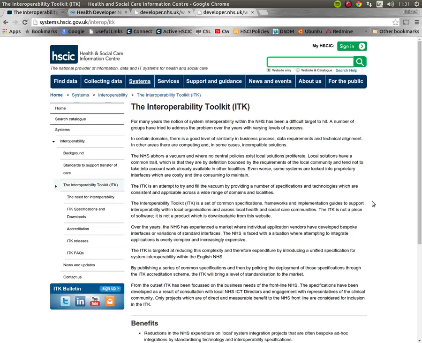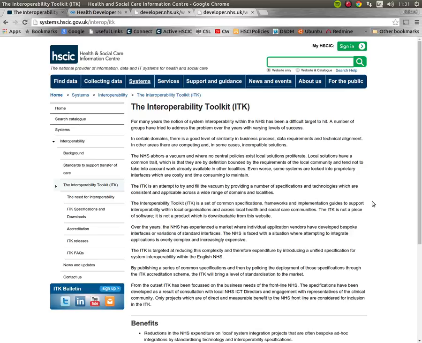So the clear desire to see systems move towards interoperable solutions for the passing of discharges, particularly between acute trusts and GP systems. The website also covers some details in terms of accreditation, which I'll go into later on.